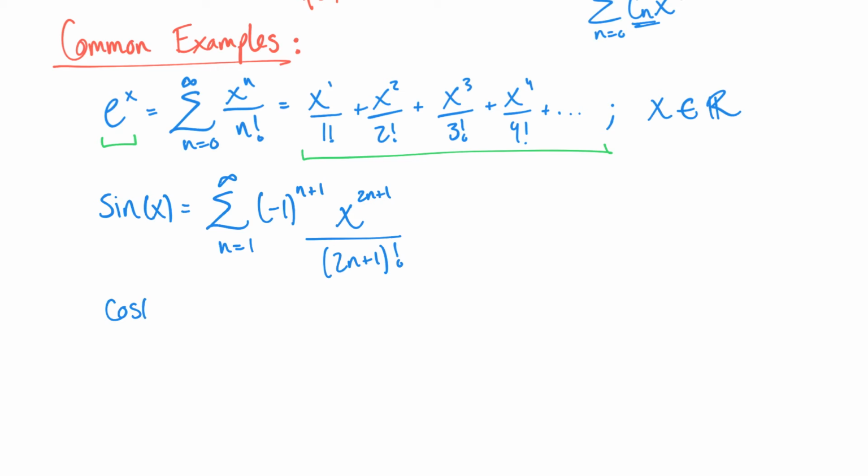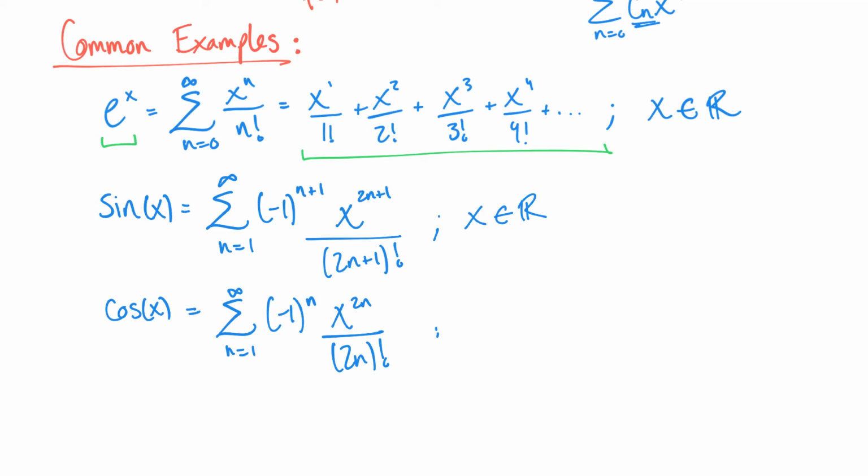And then cosine x is equal to the sum of negative 1 to the n times x to the 2n, over 2n factorial. And then again, this is going to be true for any x that is a real number.